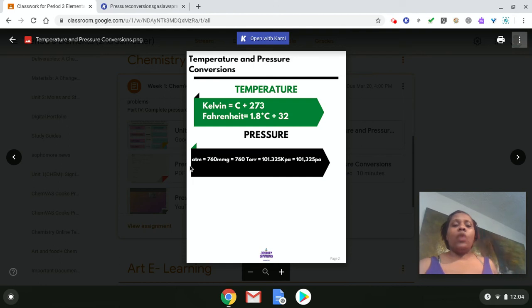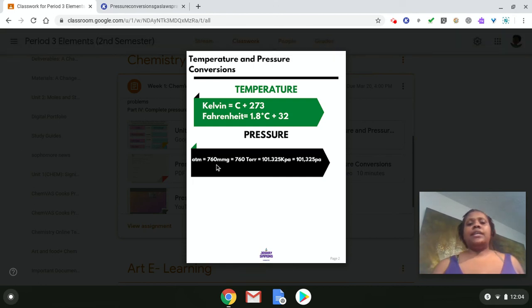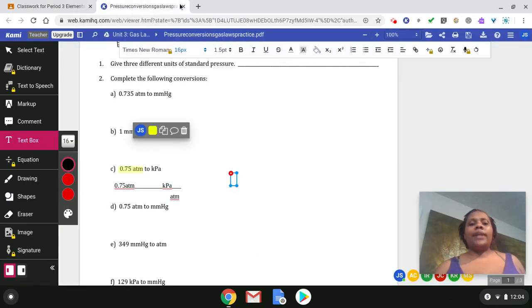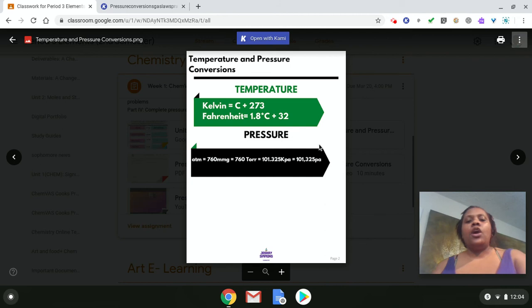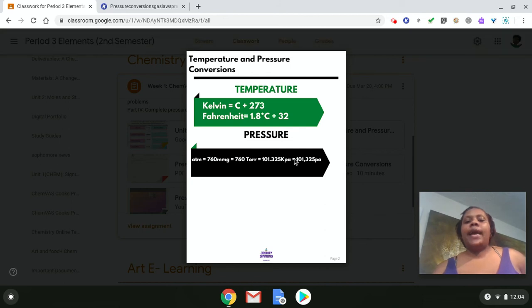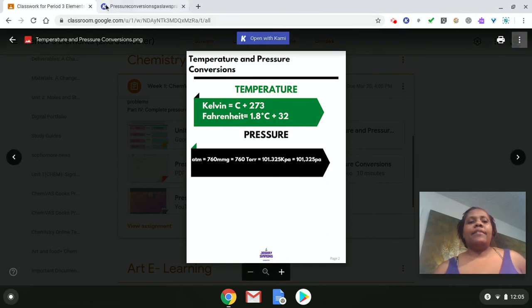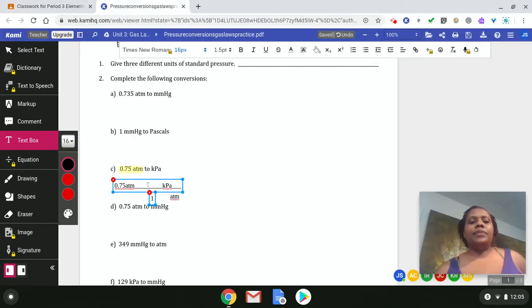So we have 1 atmosphere is equal to 760 millimeters of mercury, which is equal to 760 torr, and so on and so forth. So atmospheres is just simply 1. When I go back to my chart, wherever I have the atmospheres, I will put a 1. And then I'm looking for kPa. The number for kPa is 101.325. So that would go at the top of my line. Do that now.